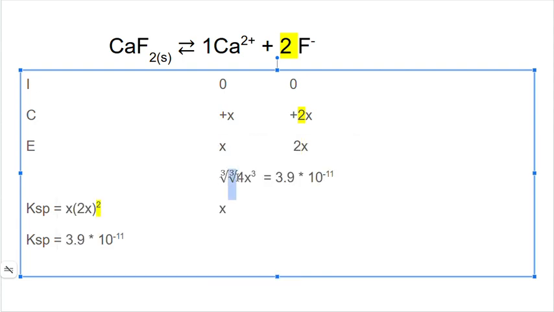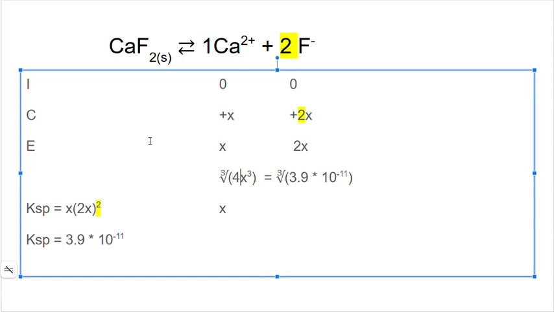Okay, so I need to cube root both of these to be able to get to my answer. If I can cube root both of these, then I can get an x value, okay?